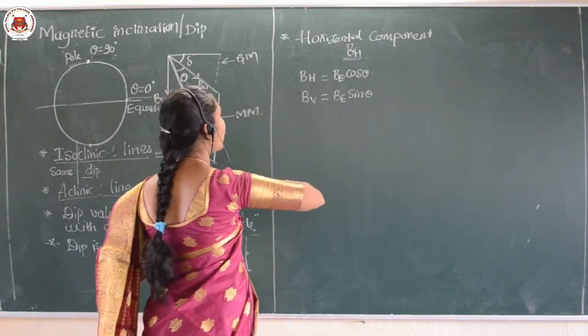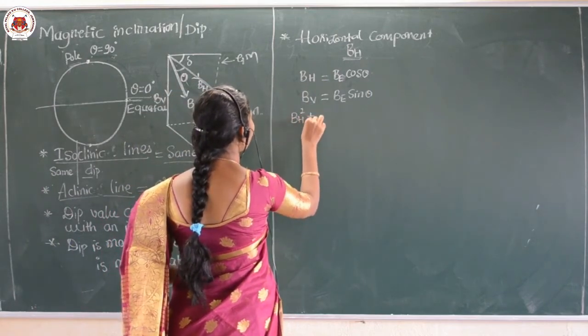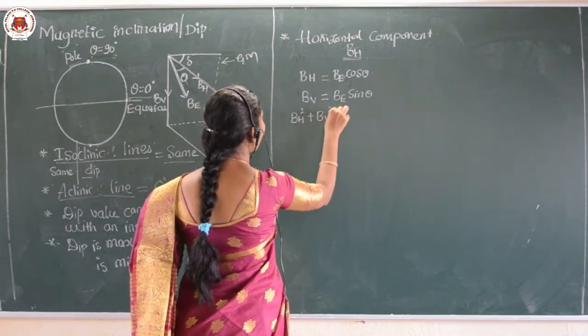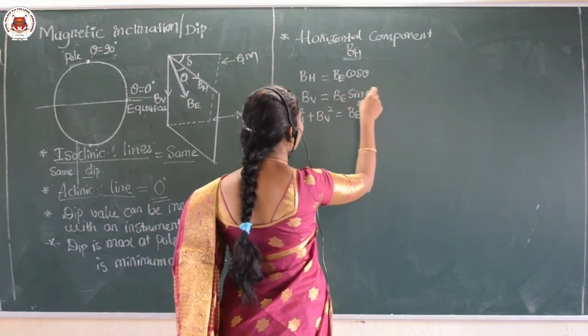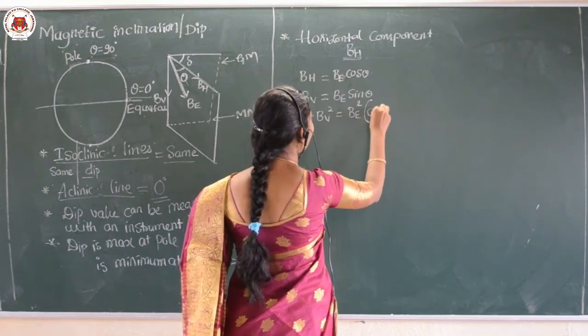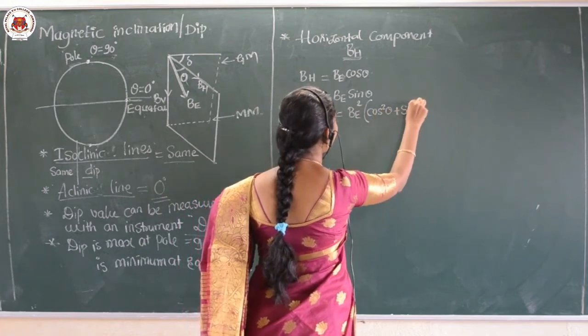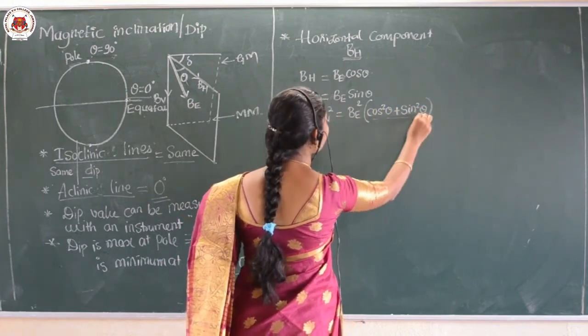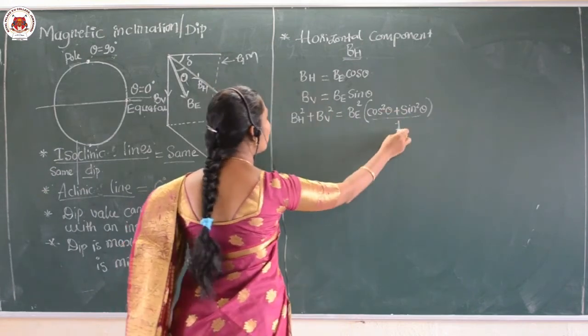If you square them and add them, you get BH square plus BV square is equal to BE square times the bracket cos square theta plus sin square theta. You know that sin square plus cos square is equal to 1.